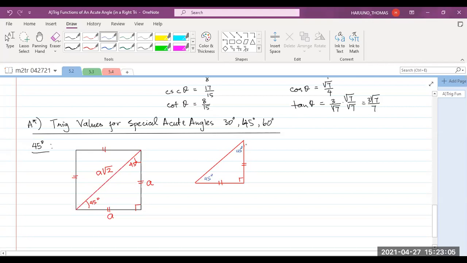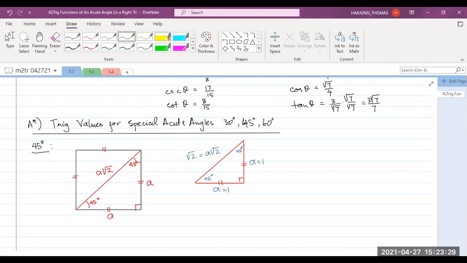Now, what I need you to have is now the ratio. Memorize this triangle, memorize the picture. Okay, if this is A, this is A, this is A radical 2. Or if you say that A is equal to 1, then this will be radical 2.